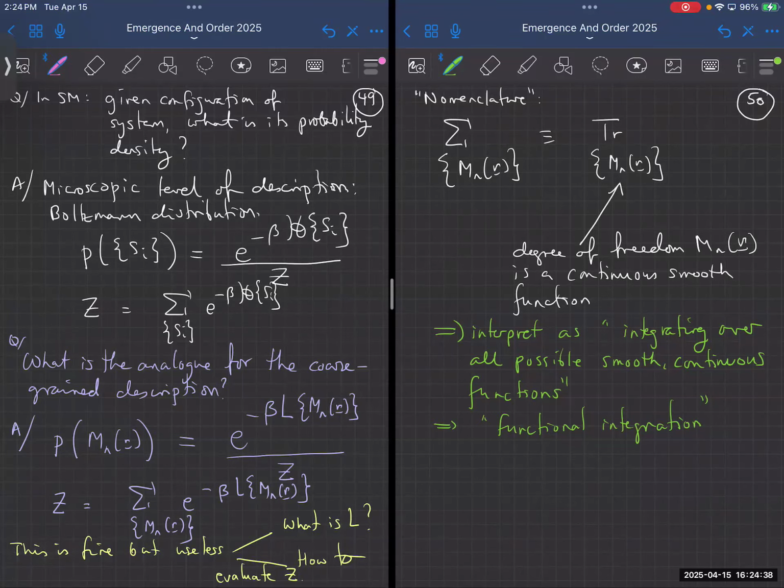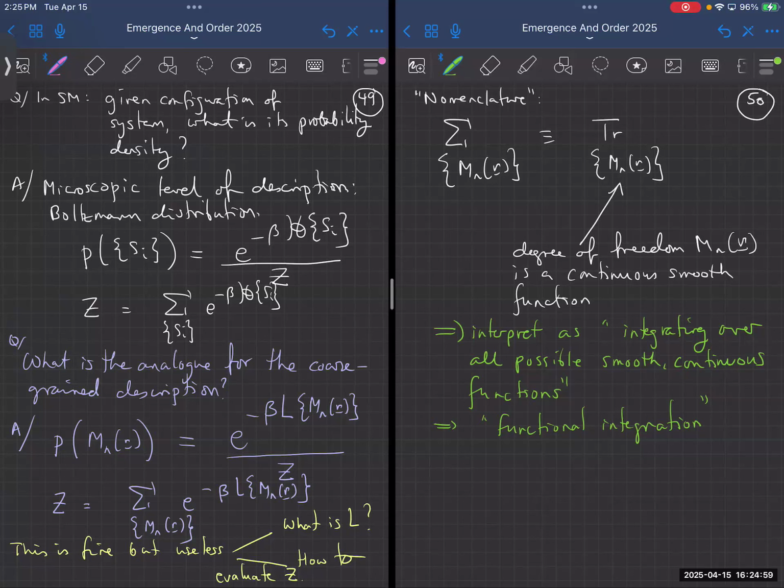When we talk about all possible, are we talking about different definitions of m? I will explain how we do the calculation, so don't worry too much about that.